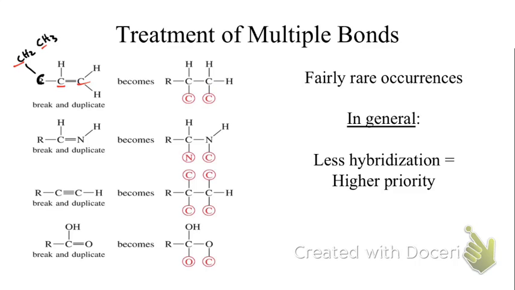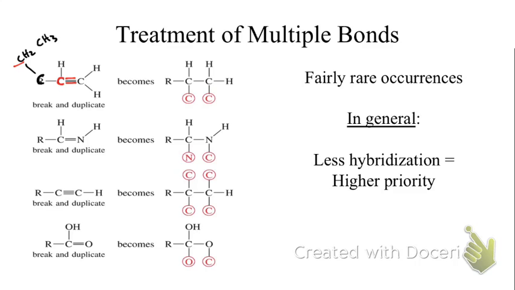Now we run into kind of this gray area. When we're assigning R and S stereochemistry, remember, it really only applies to sp3 carbons, even when it comes back to our priority rules. So if you come out to a carbon or an oxygen or a nitrogen that has a double bond, we have to treat that slightly differently.